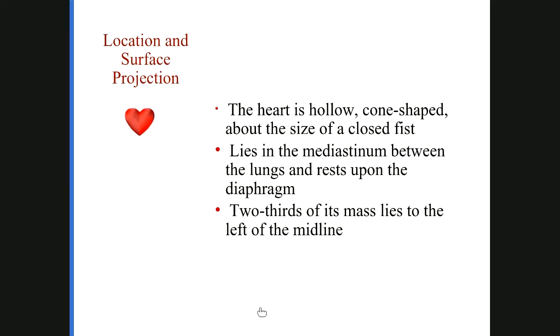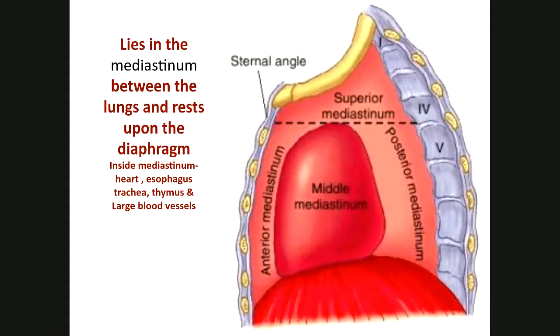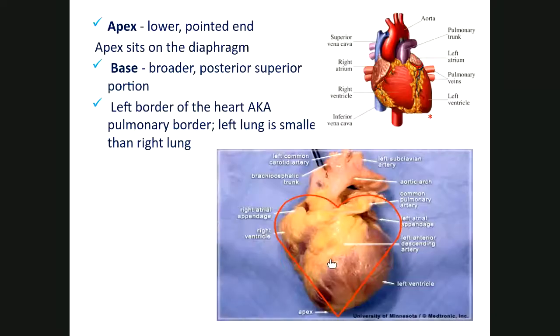Along with the heart, the mediastinum also includes the esophagus, the trachea, the thymus, and large blood vessels. About 2/3 of the mass of the heart lies to the left of the midline. So this is that space that sits in the center called the mediastinum.